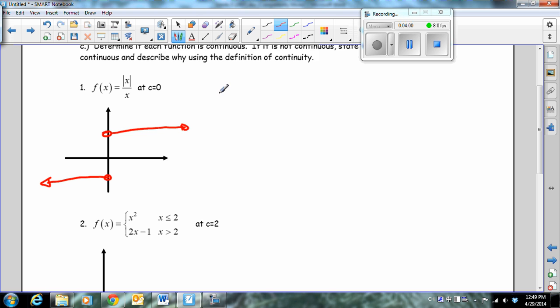Let's start with A. For A, I will say the limit as x approaches 0 from the left of f of x is equal to, from the left, it will be -1. And let's do B. The limit as x approaches 0 from the right of f of x.